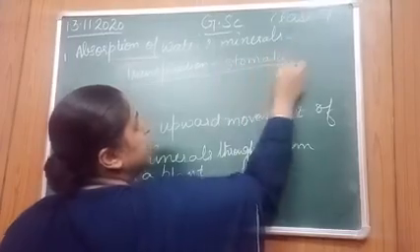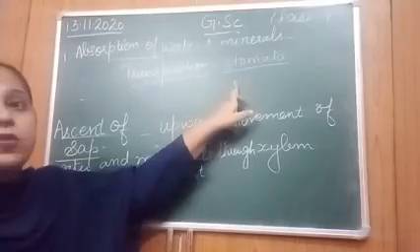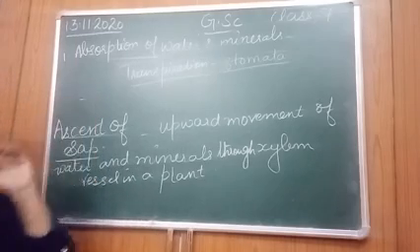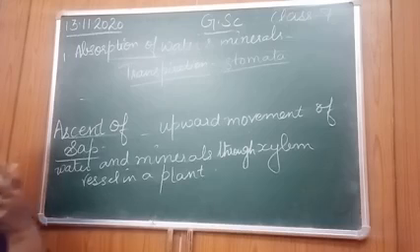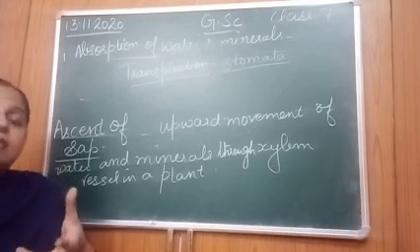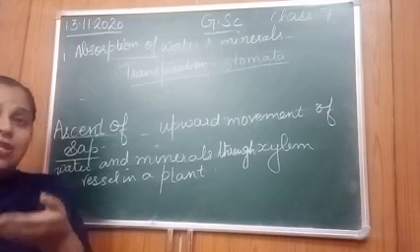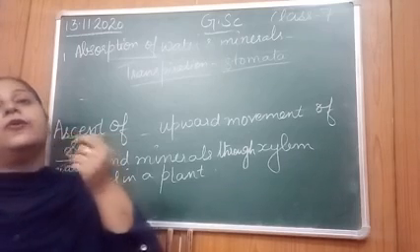Exchange of gases takes place. So through stomata loss of water takes place. This you had already done in 6th standard. But when transpiration is there, evaporation of water takes place from the leaves, it produces a suction pull, right? It produces a suction pull. When it produces a suction pull, it pulls the water from the roots.